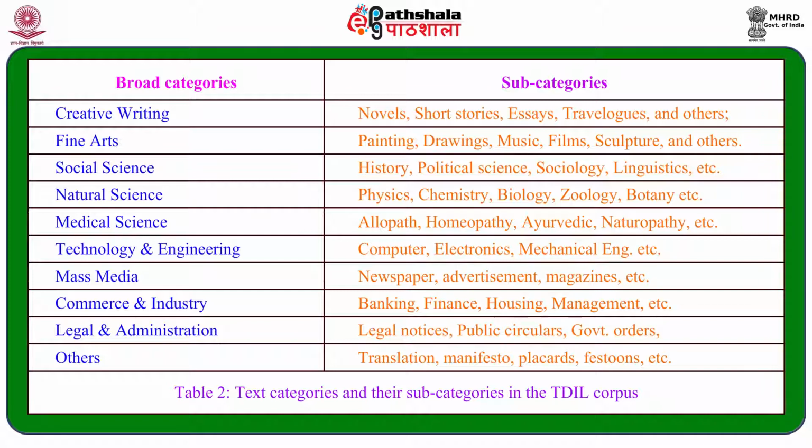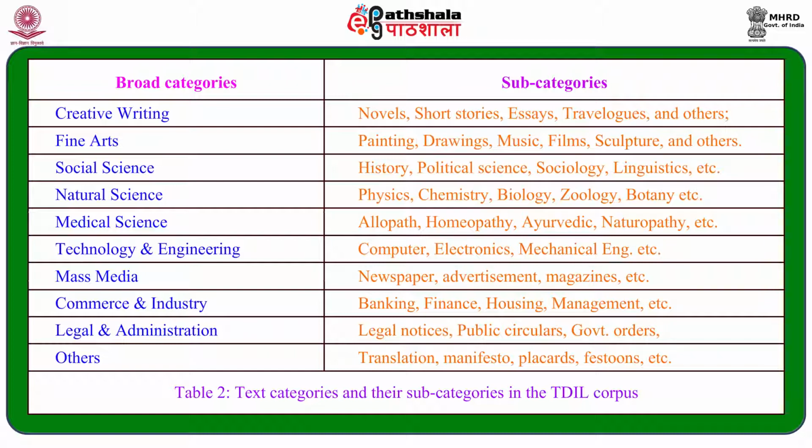Natural sciences texts: physics, chemistry, mathematics, biology, geology and other major disciplines of natural science. Then medical science texts. Medical science texts not only included allopathic medicines, but also homeopathic medicines, Ayurvedic medicines, treatments, operations, different types of diseases, different types of ailments.